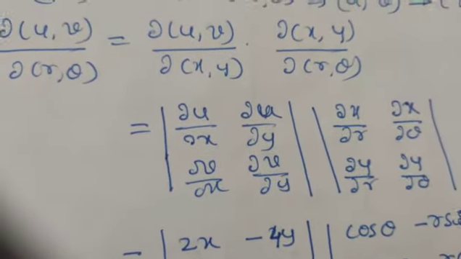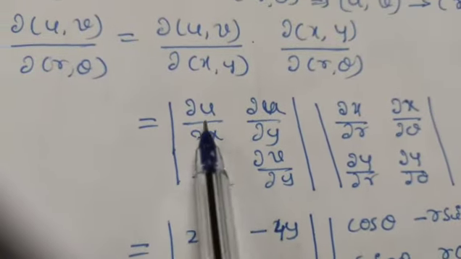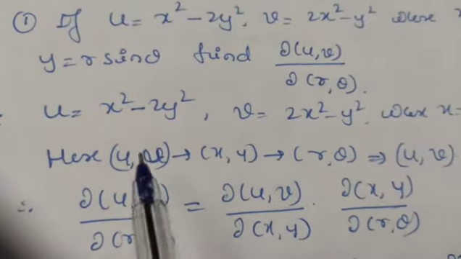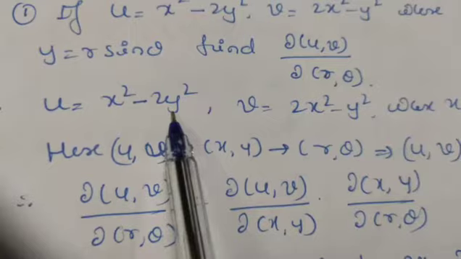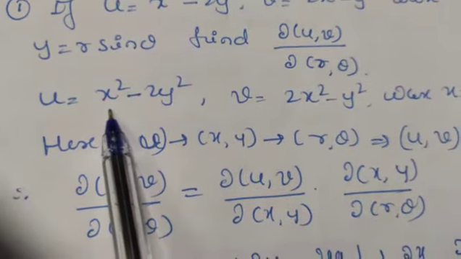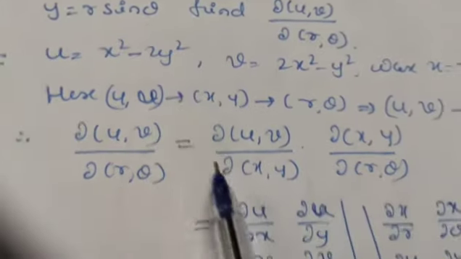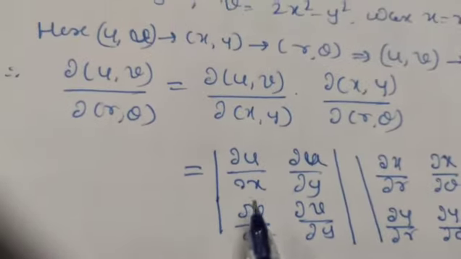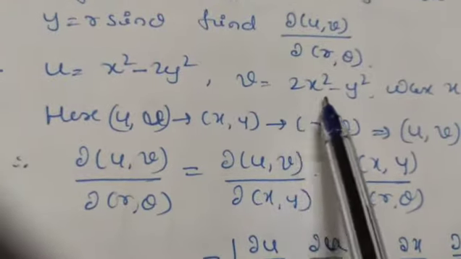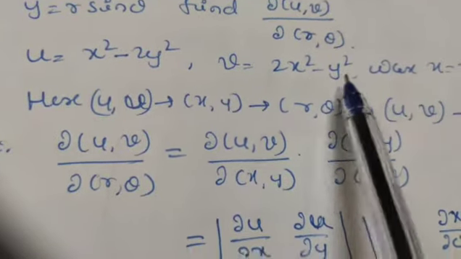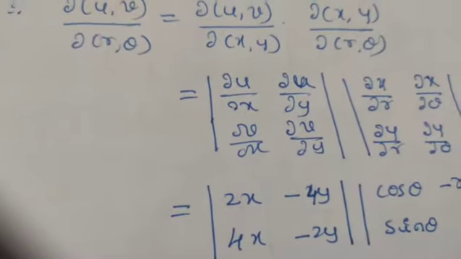Let us substitute the values. Since u is x² − 2y², ∂u/∂x is 2x, and ∂u/∂y is −4y, and ∂v/∂x is 4x, and ∂v/∂y is −2y. You have to write here.